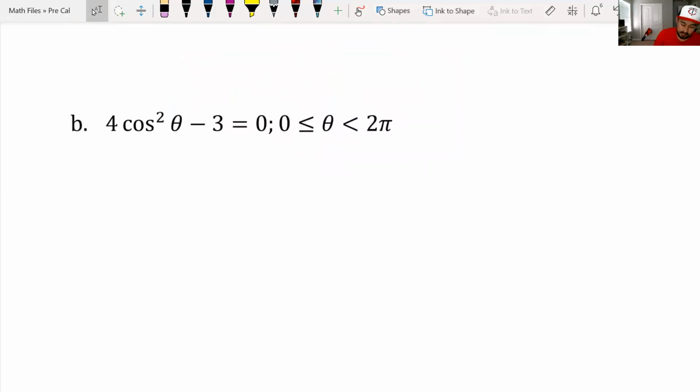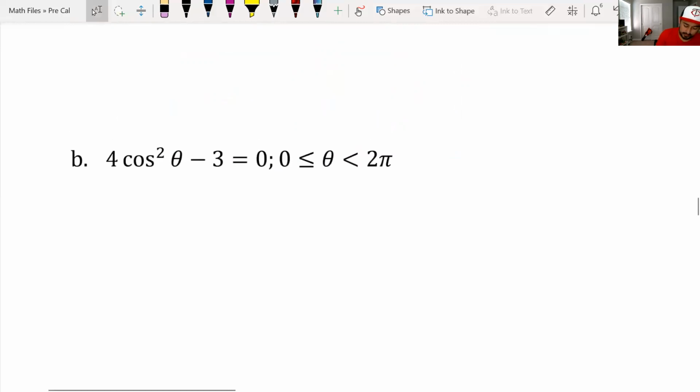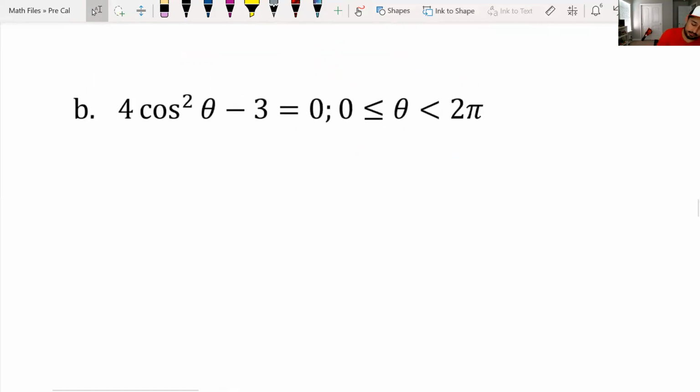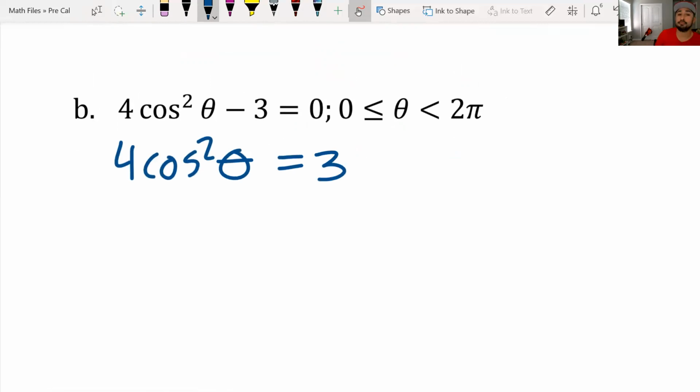Do it again. Here we solve for cosine. So first thing you do, add the 3 over. 4 cosine squared theta equals 3. Then divide by 4.